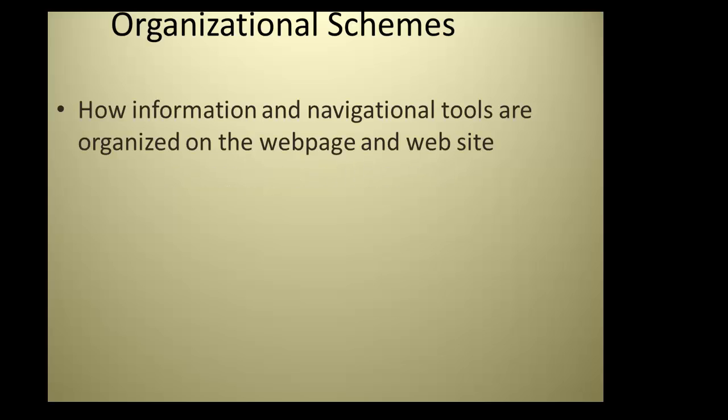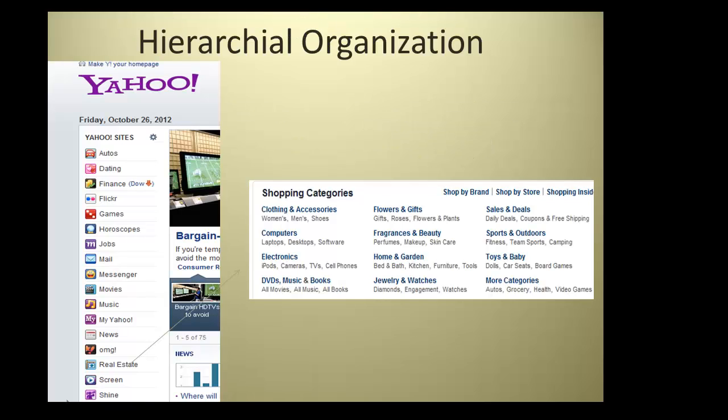We'll talk about organizational schemes, and organizational schemes refer to how our information and our navigational tools are organized on that page. The first example we'll look at is the hierarchical organization, and a good example of that is the Yahoo site.